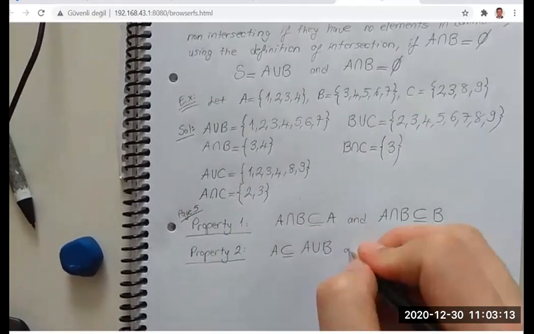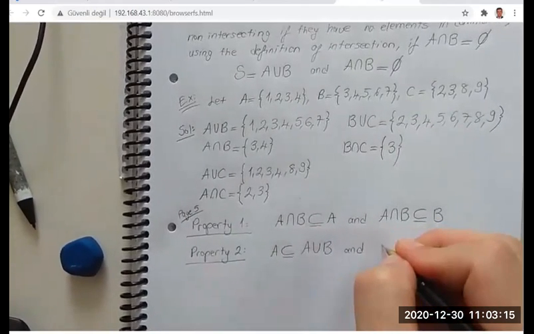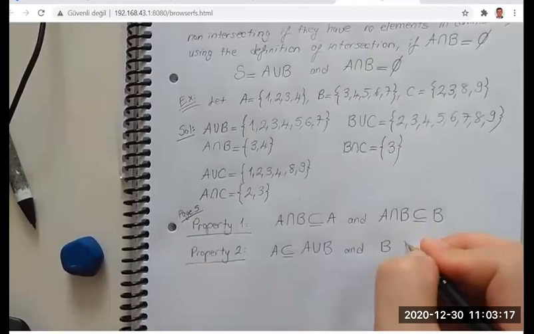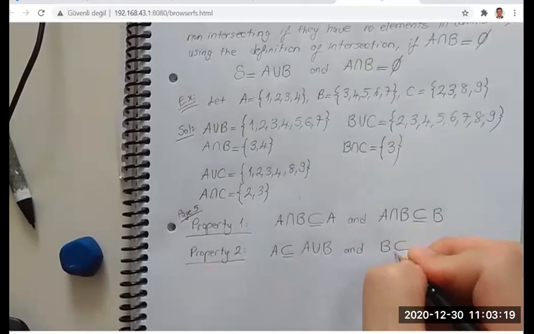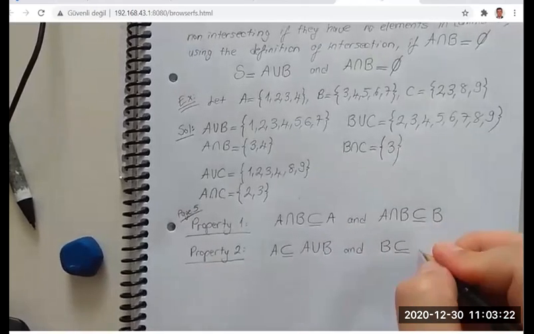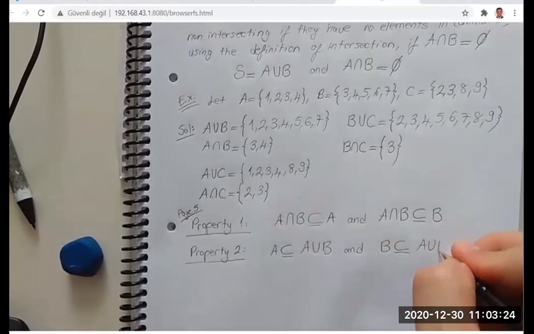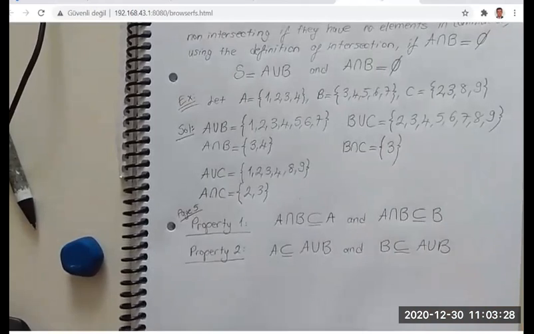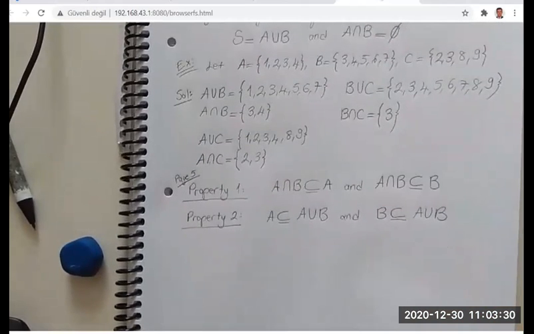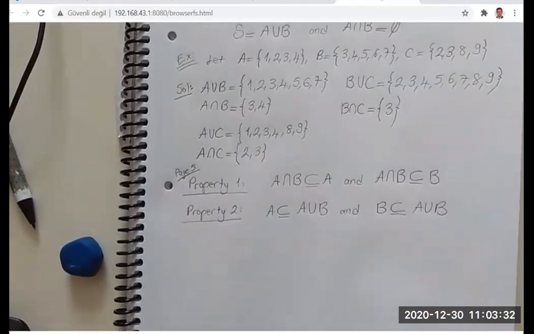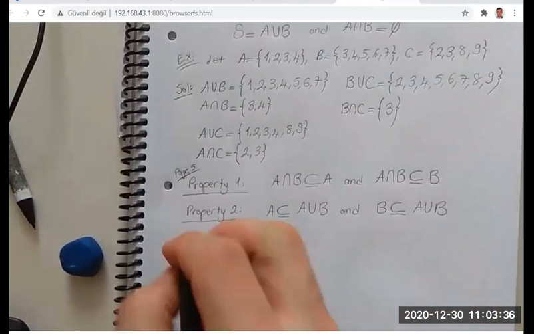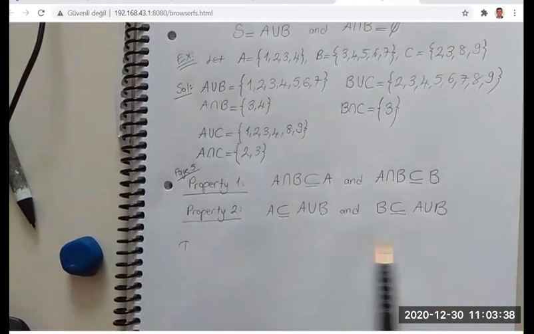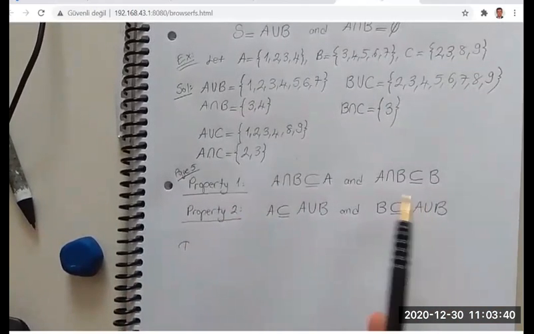And B is also a subset, contained by A union B. Okay, let's try the theorem, theorem 1.3. So these are clear, right?